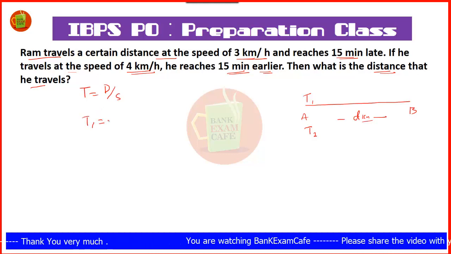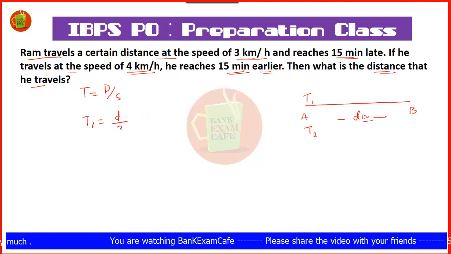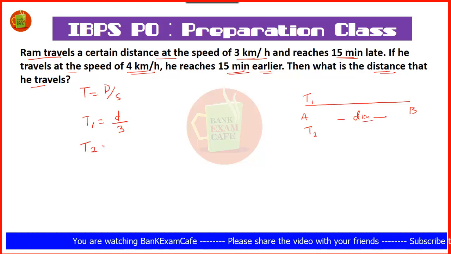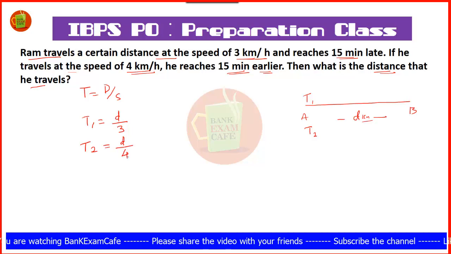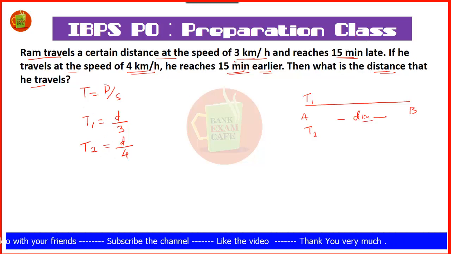So T1, the time taken in the first case, will be D upon 3, and in the second case T2 will be D upon 4, because here the speed is 3 km per hour and here the speed is 4 km per hour. The difference between these two timings, 15 minutes late and 15 minutes earlier, is 30 minutes.